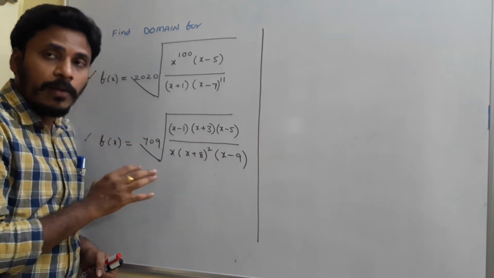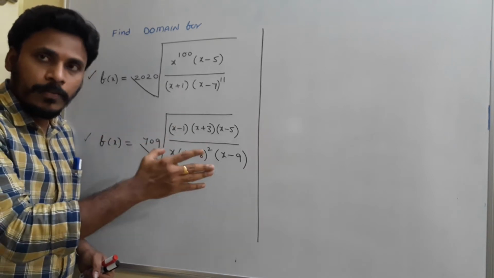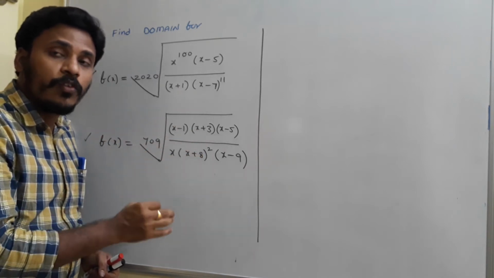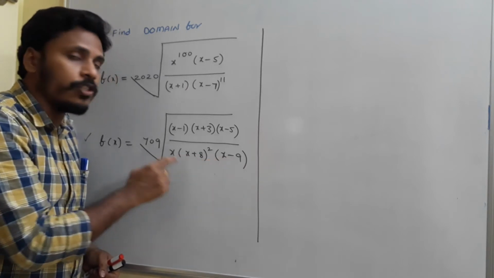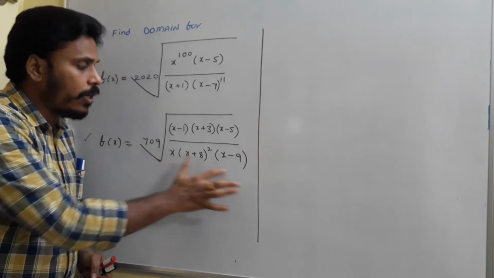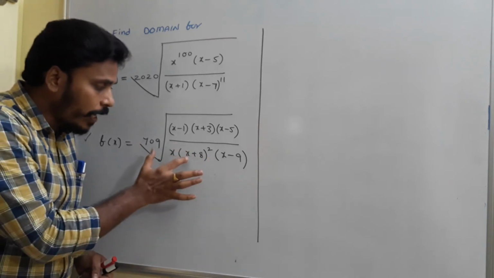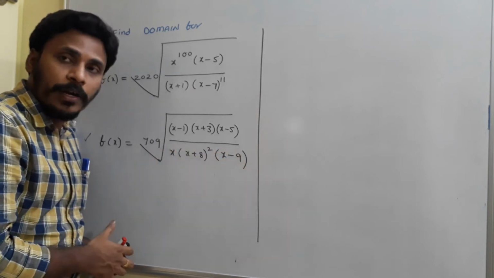Take any real value in place of x, and f of x exists, except the values of x at which the denominator is 0. At what values of x is the denominator 0? If you take x as 0, the denominator will become 0. If you take x as minus 8, then this term will become 0, so the denominator is 0.